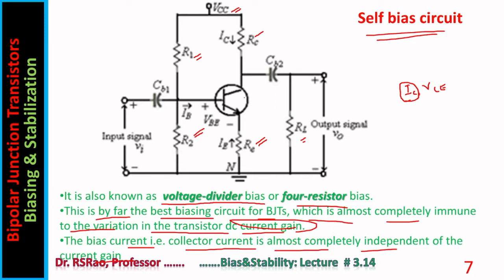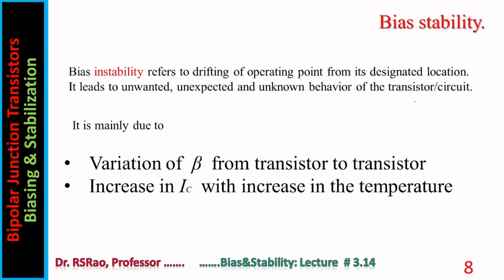But this circuit is able to prevent, arrest the changes in values of IC when temperature changes. Therefore, operating point is prevented from drifting. Prevention from drifting means providing stability.